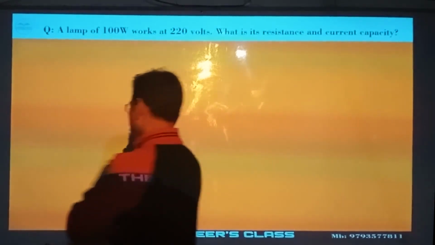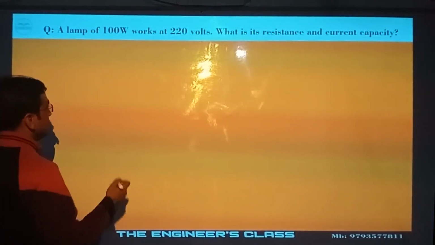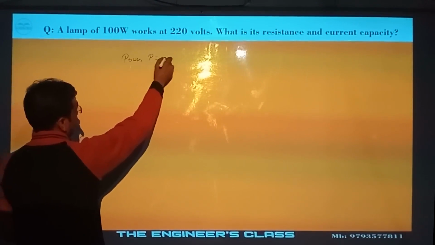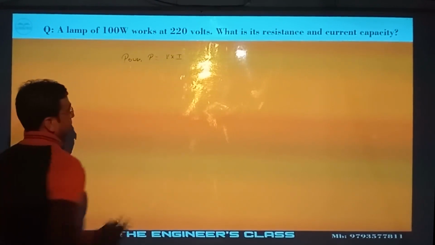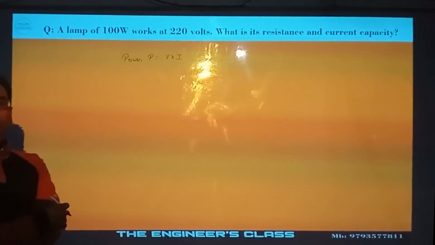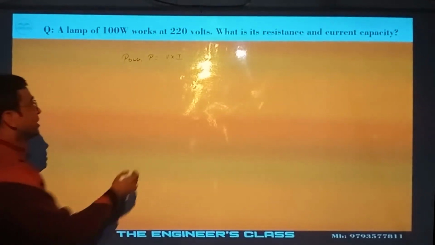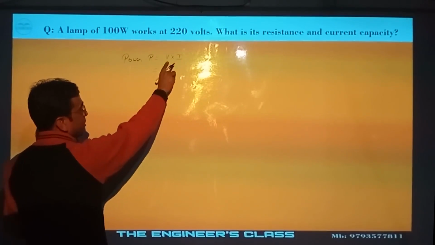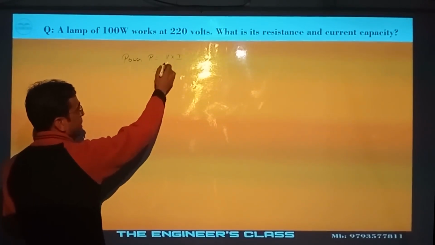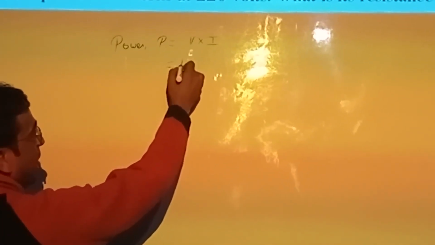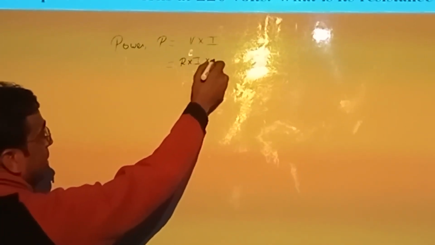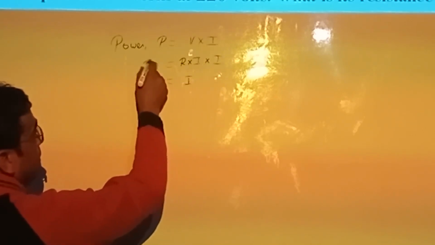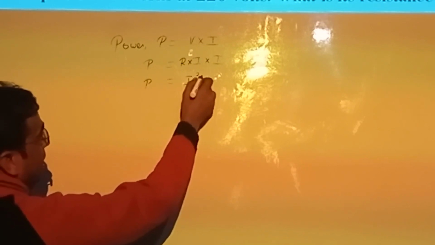The formula of power says that power P equal to V into I. According to Ohm's law V equal to IR, putting this value here, I get the formula for power P equal to I square R.